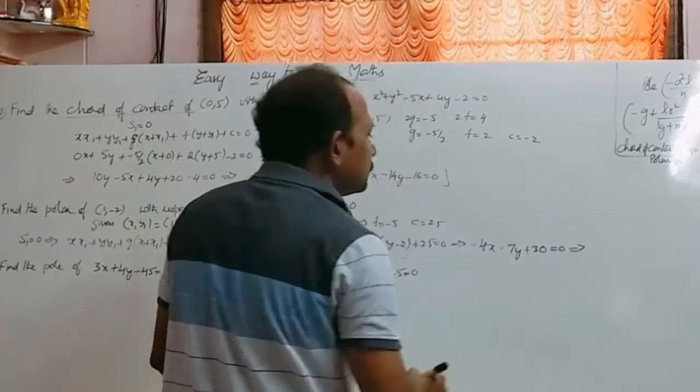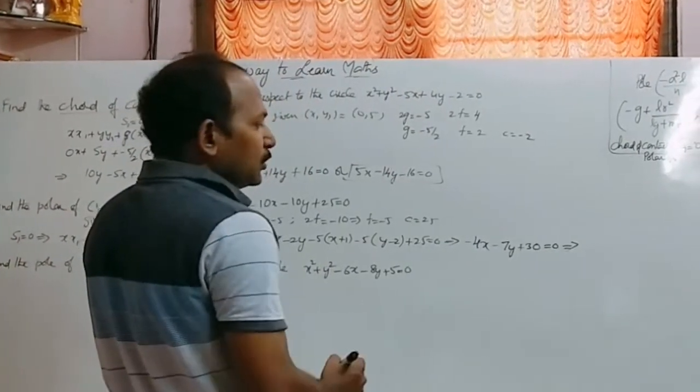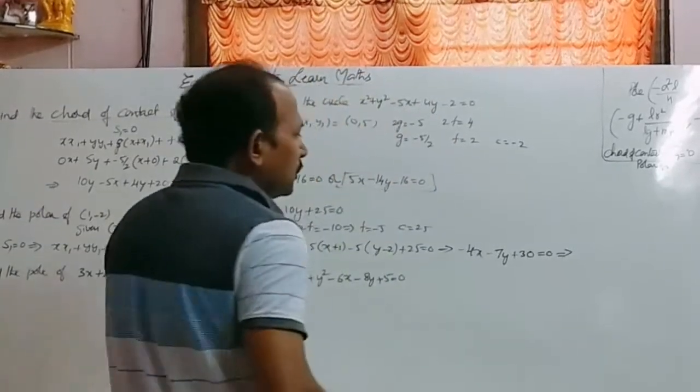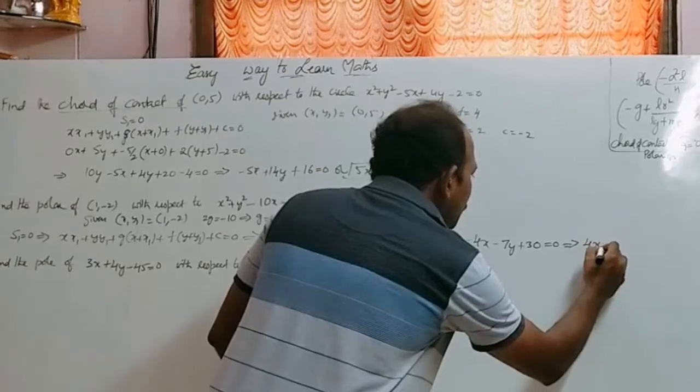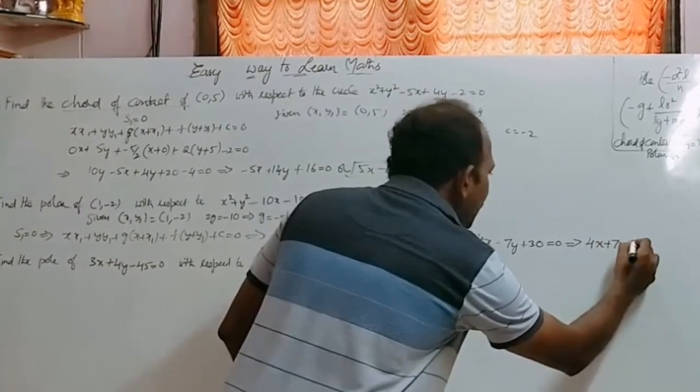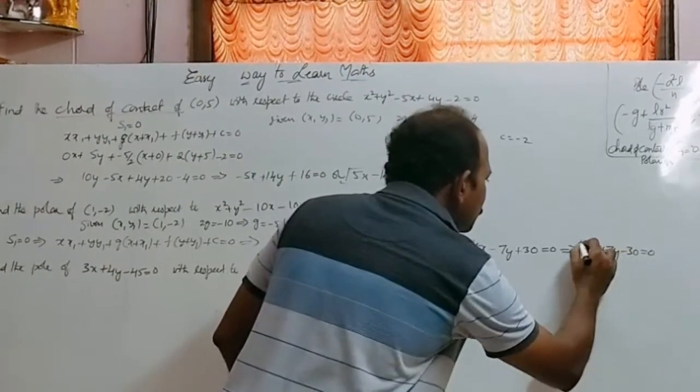That implies, let us take minus 2, then okay, here is 7, so simply 4x plus 7y minus 30 is equal to 0.